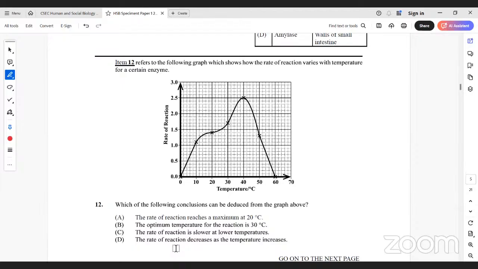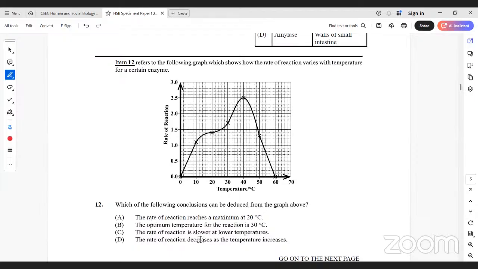D: the rate of reaction decreases as the temperature increases. But we have all of this here at the start, right? The first 4 squares of the graph make that a very suspect answer.